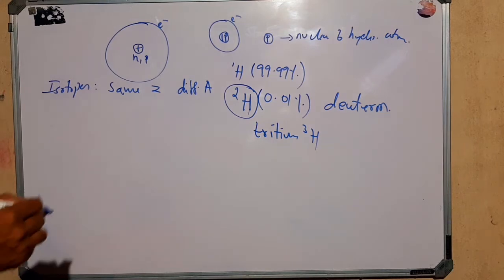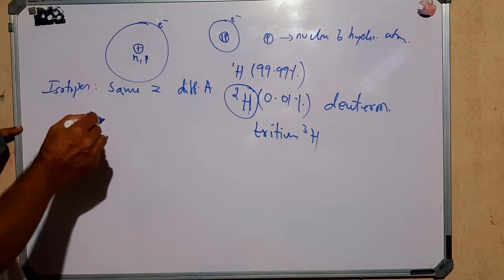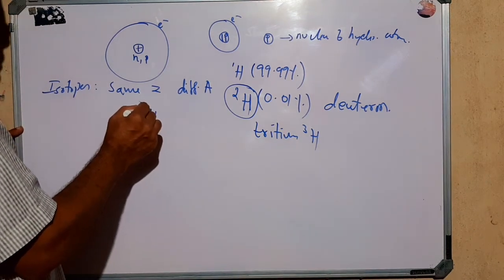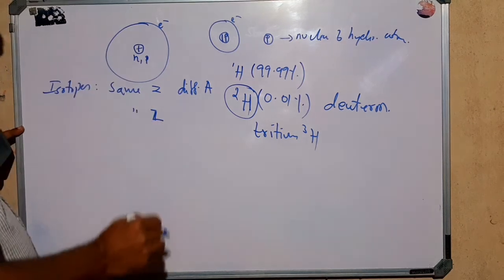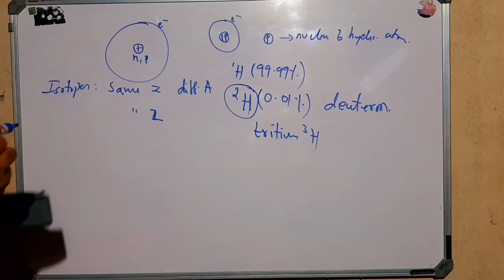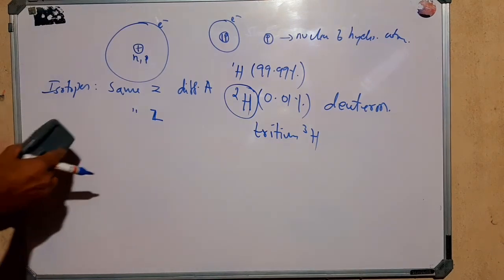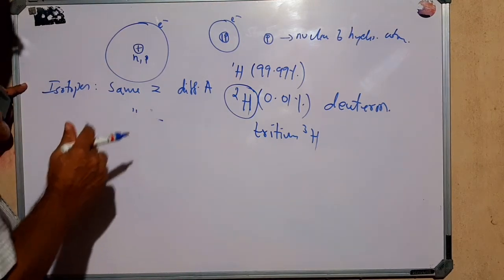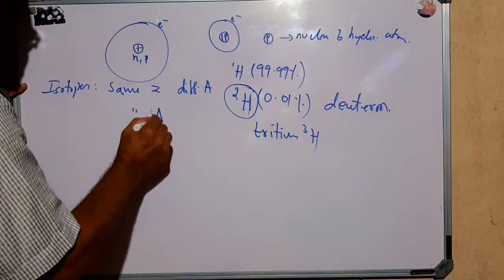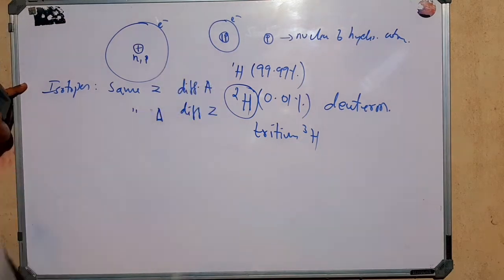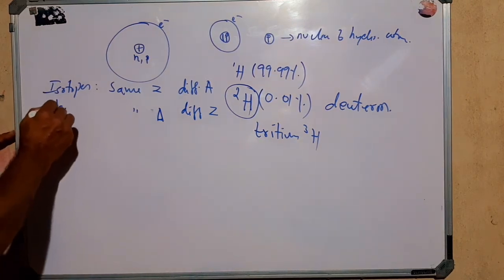Similarly, nuclei with the same atomic number and different mass number are called isotopes. Similarly, nuclei with the same mass number but different atomic number are called isobars.